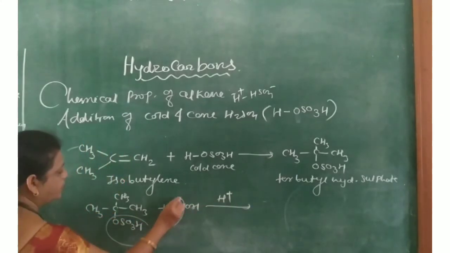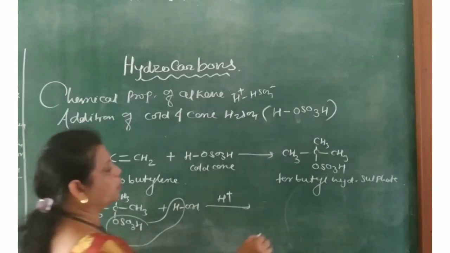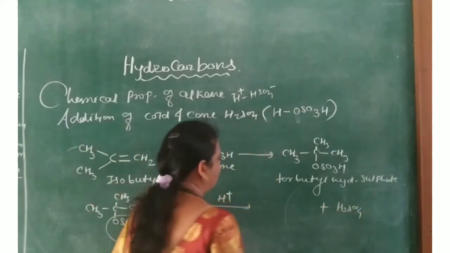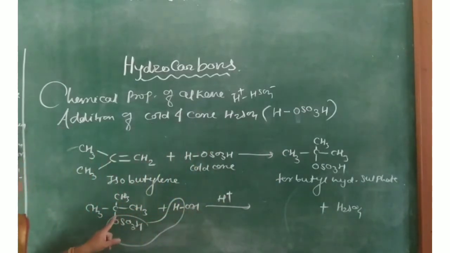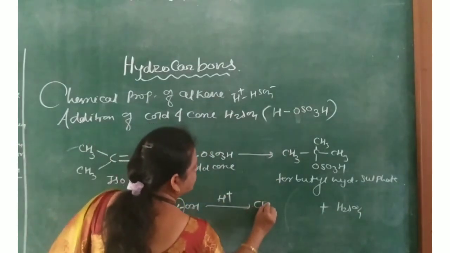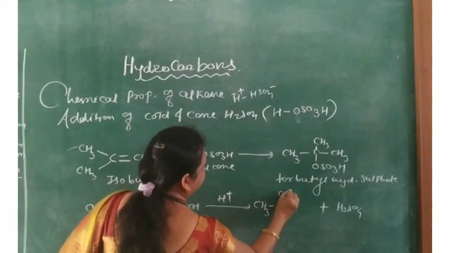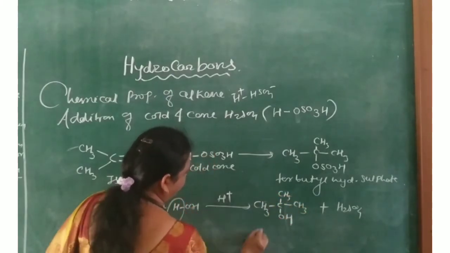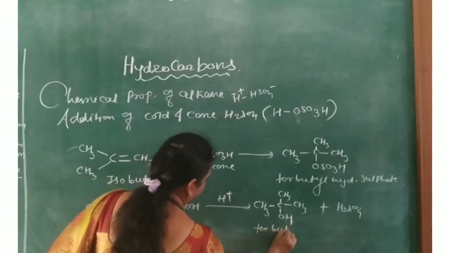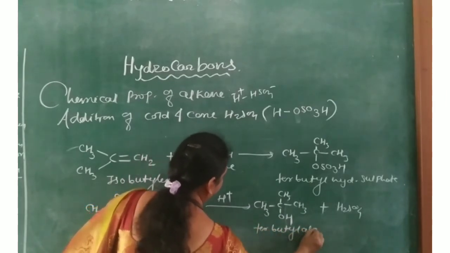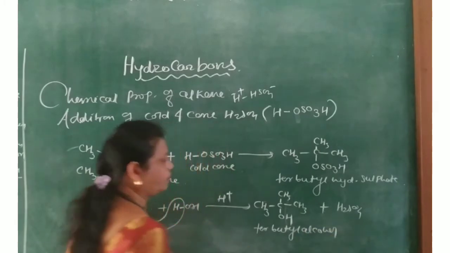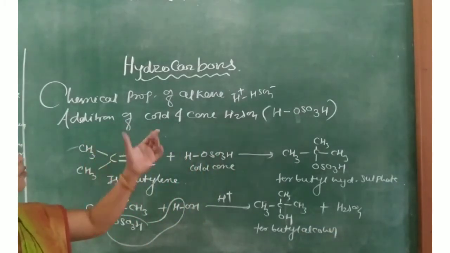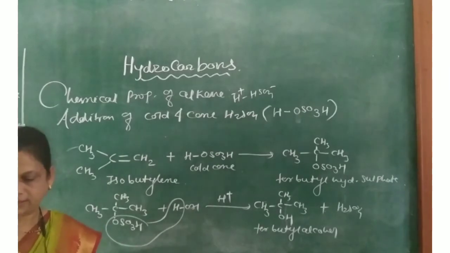This OSO3H combines with H to form H2SO4 and the remaining OH combines here to form CH3CCH3, again here CH3 and this is OH, that is tertiary butyl alcohol. Okay, this is the first reaction, that is addition of cold and concentrated sulfuric acid.